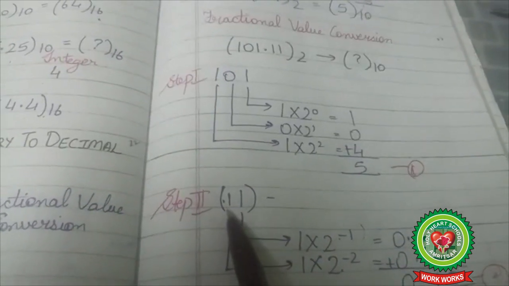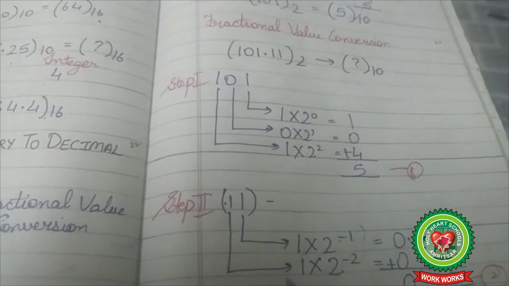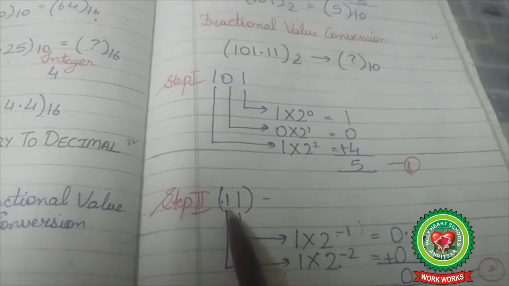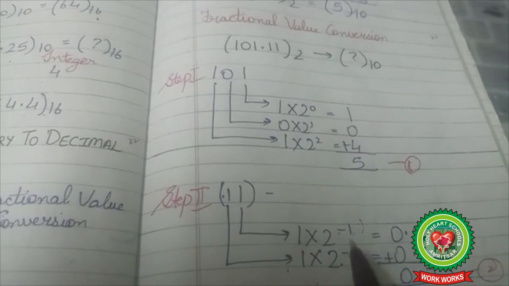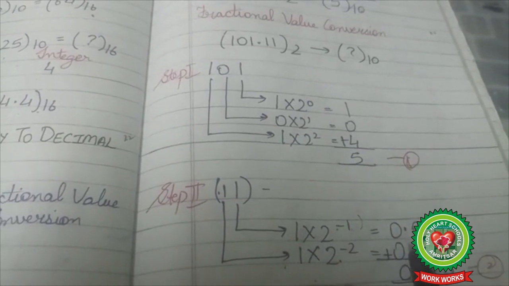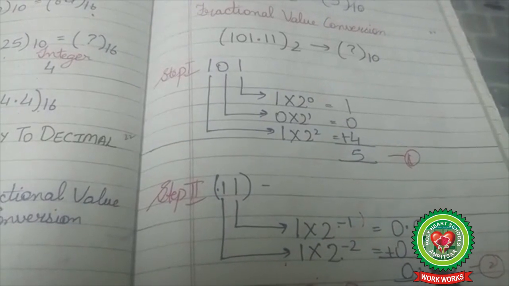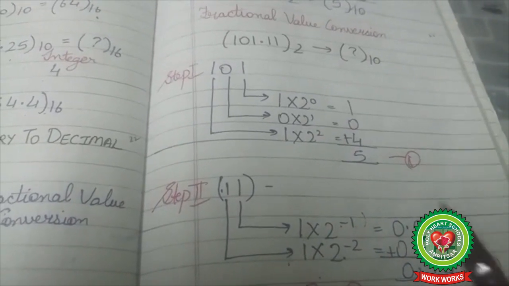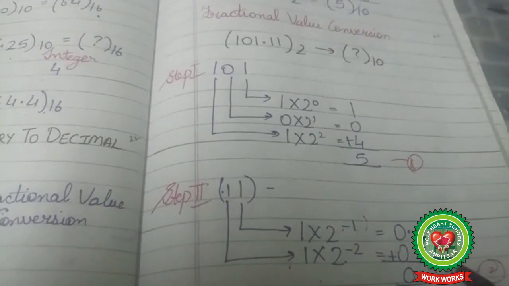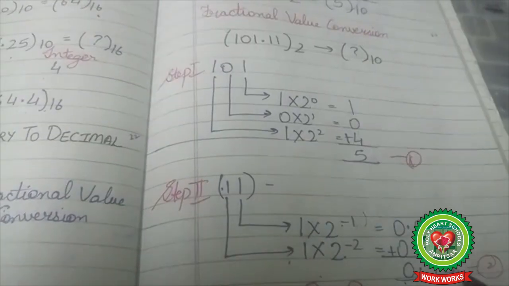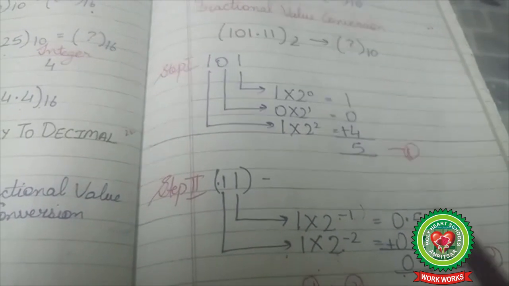But you have to start from this point, that is, after the decimal. So 1 into 2 raised to power minus 1 is 0.5 and 1 into 2 raised to power minus 2 is 0.25. Then we are going to add these two numbers. The answer is 0.75. That is step 2.